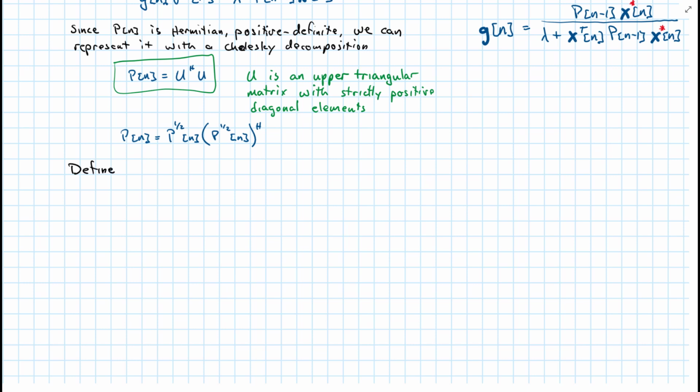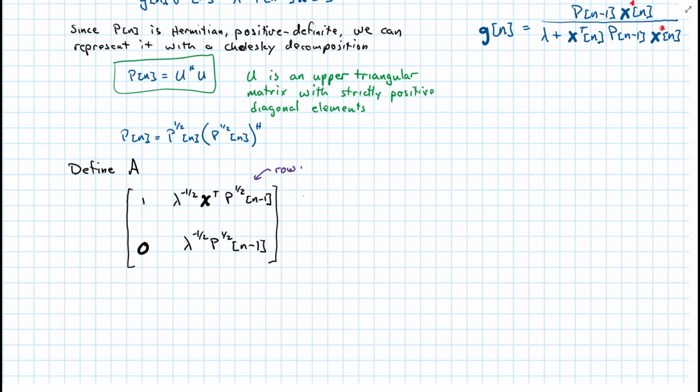We're going to define a matrix, and this matrix will be something like this. Okay, so just to make sure everything's clear, this right here will be, actually it's this way.